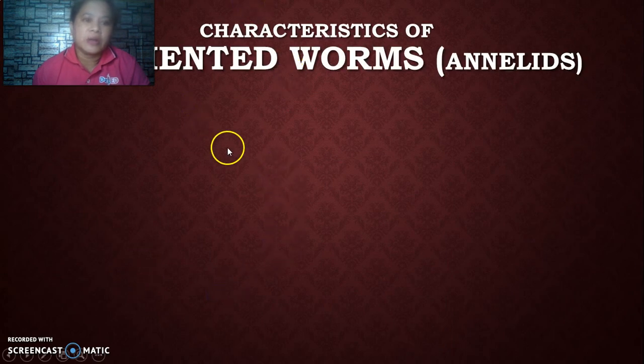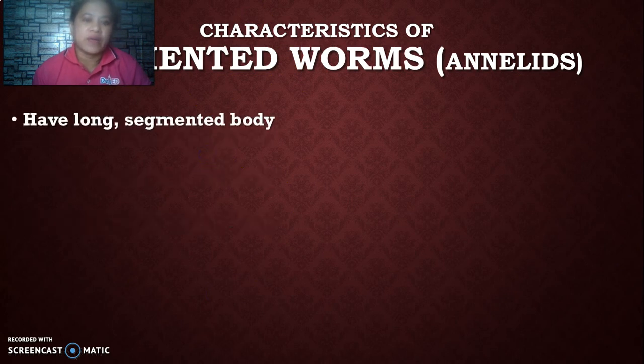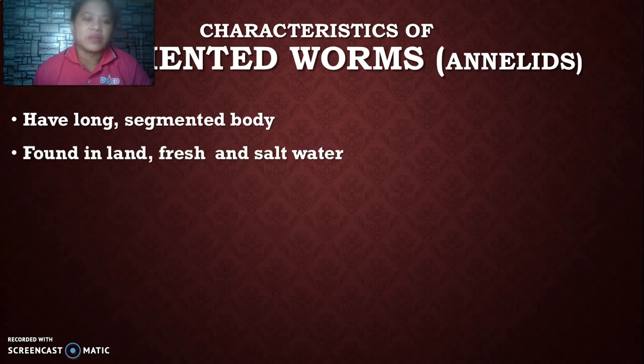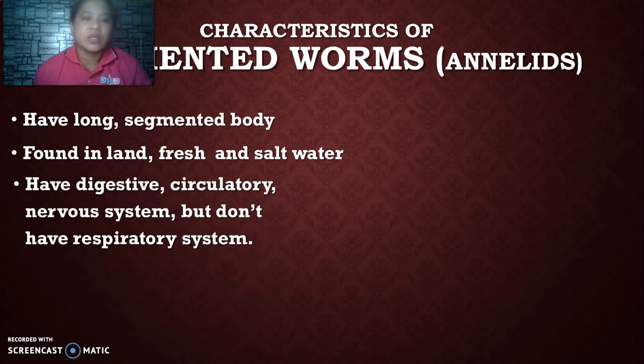Another group is the segmented worms or the annelids. The characteristic of the segmented worm is that they have a long segmented body. They can be found on land, in fresh and salt water. They have digestive, circulatory, and nervous systems, but they don't have a respiratory system.